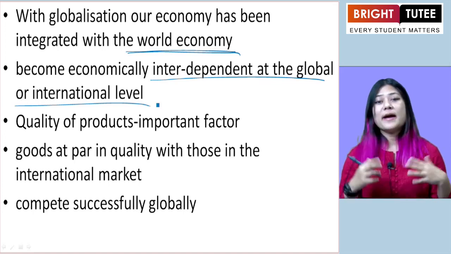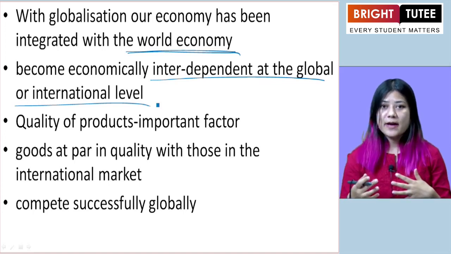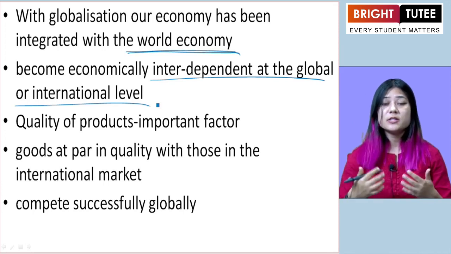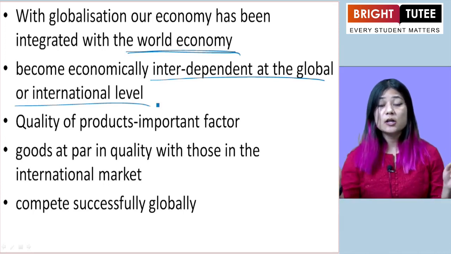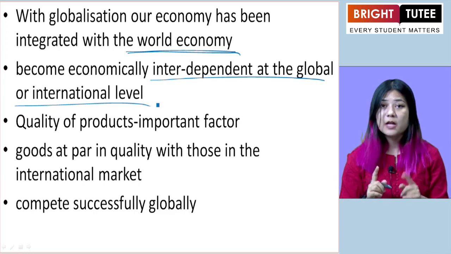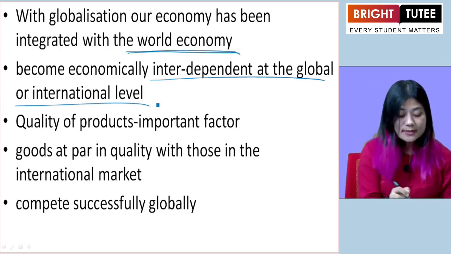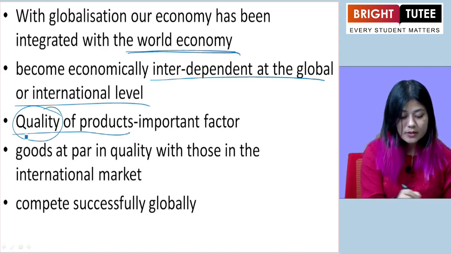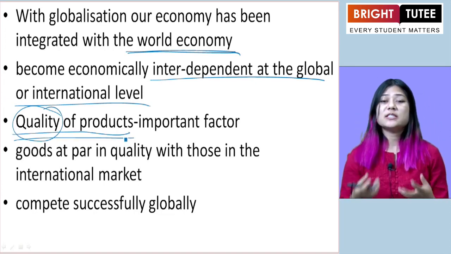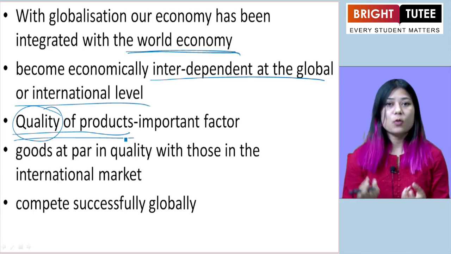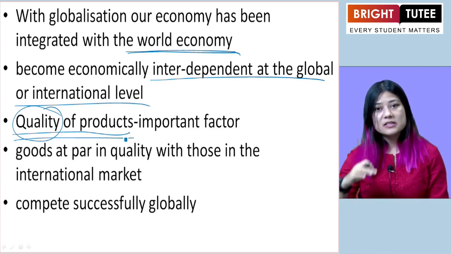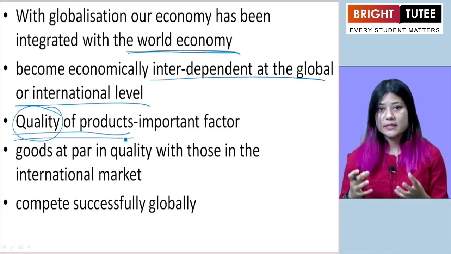Now, when goods are manufactured for trade and commerce between different countries at an international level, one thing becomes very important, and that is the quality of the product. The products need to be of high quality, or they need to meet the standard of quality.